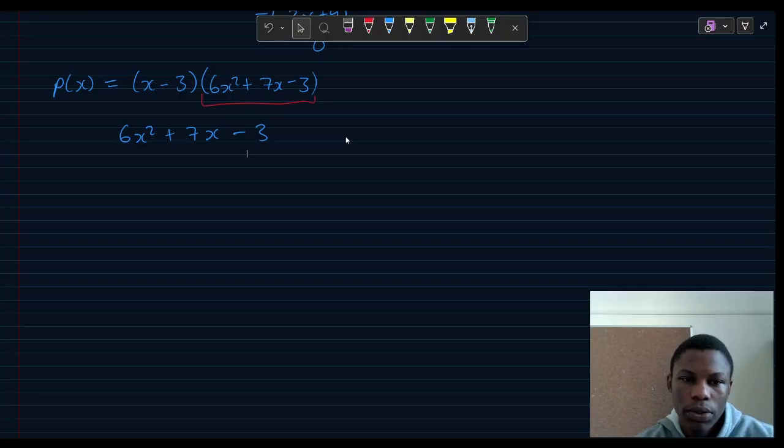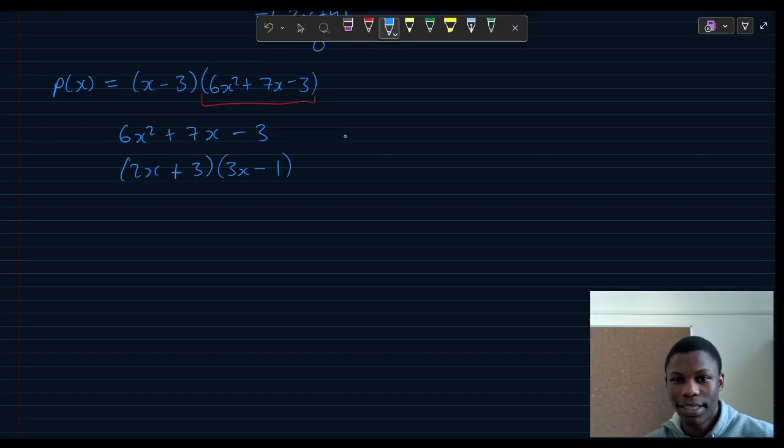So we could do 2x and 3x, and I want factors of, I could put a 3 here, 3 and 1. And what we want to do is we want to say positive 9x minus 2x gives me 7x.